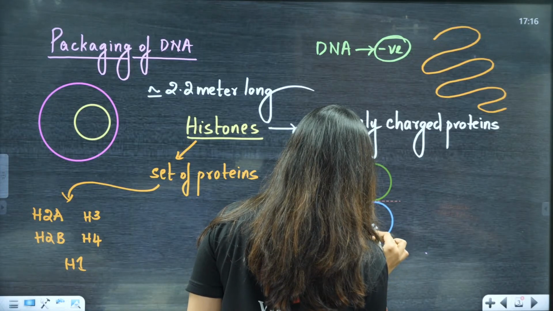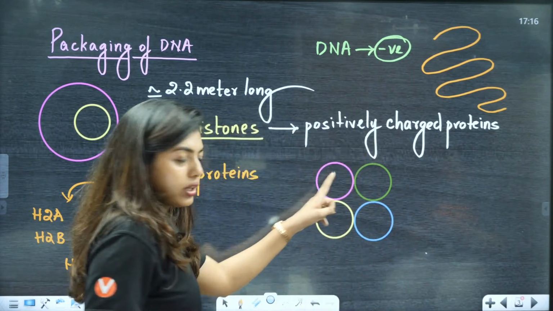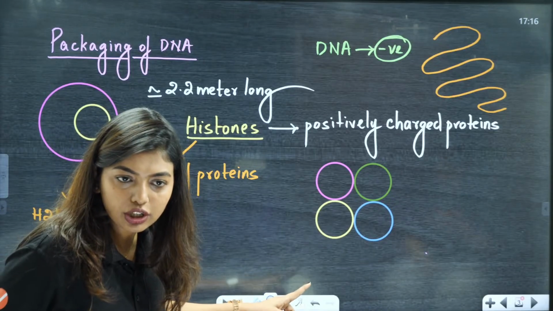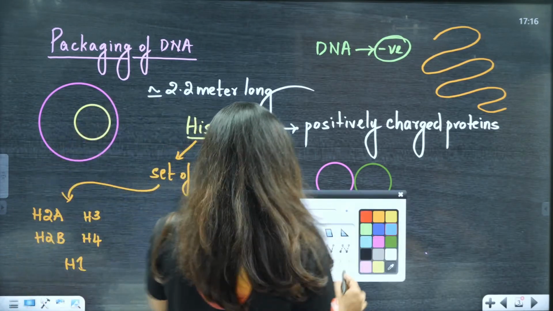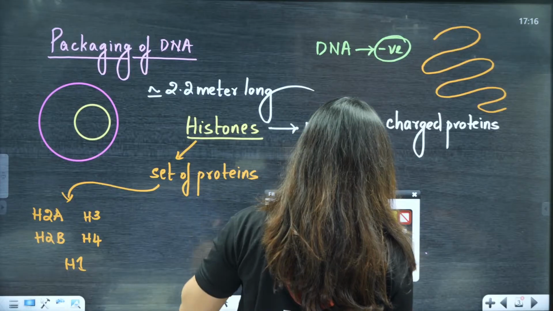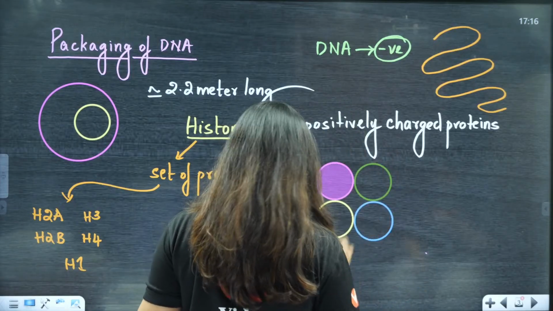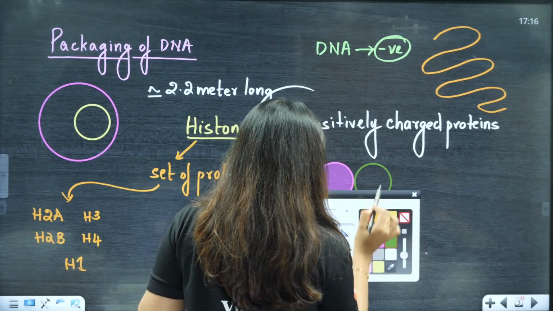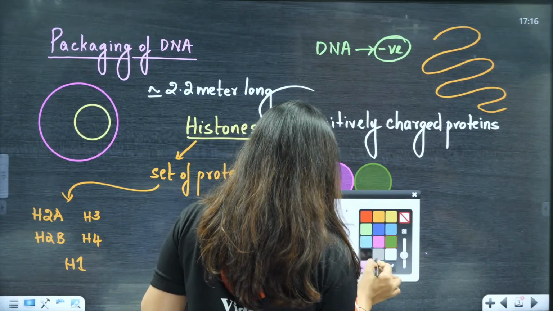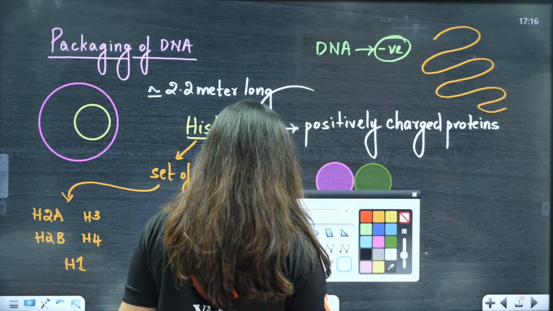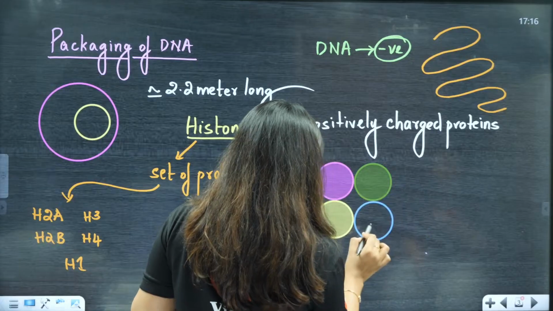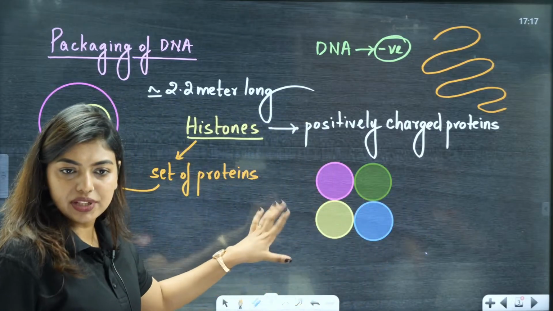Correct? So there are 4 proteins. Agreed all of you? So we know that these are the proteins. Thumbs up in the chat if you are understanding. Done. This is the set of proteins.